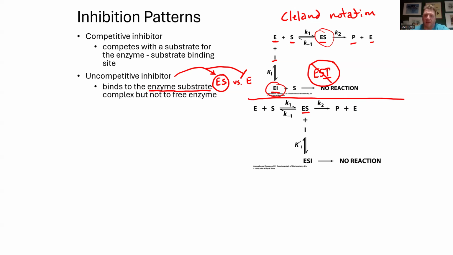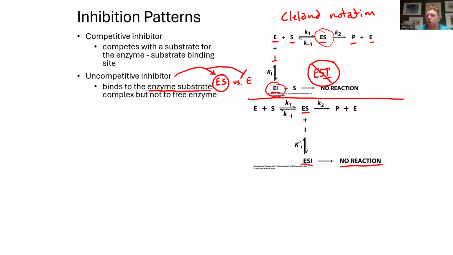What the fate of that is, however, is this ES can basically be almost rerouted to form this ESI complex. Now, if that ESI complex forms, no reaction is going to take place. So if the ES complex forms, there's a chance that your product's going to be made. There's also a chance that your inhibitor is going to bind and you're going to form the ESI complex.